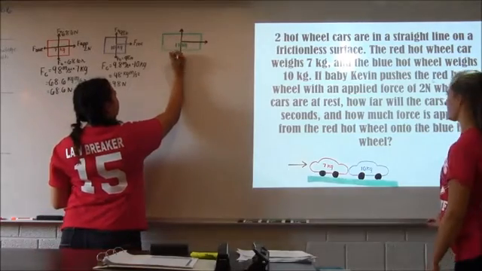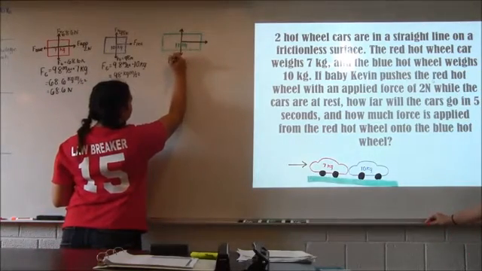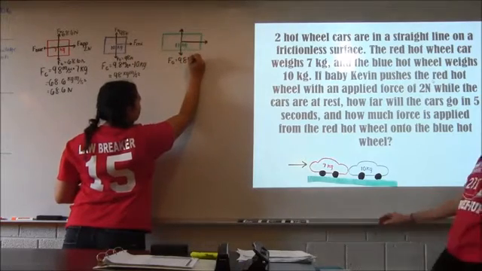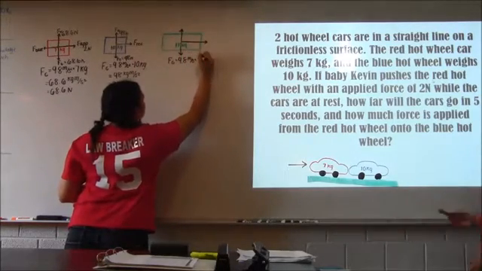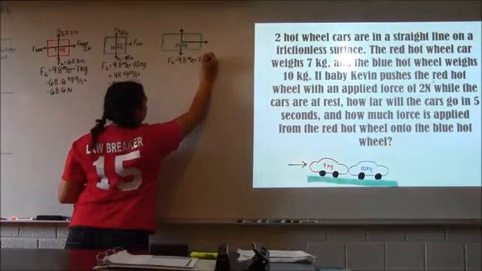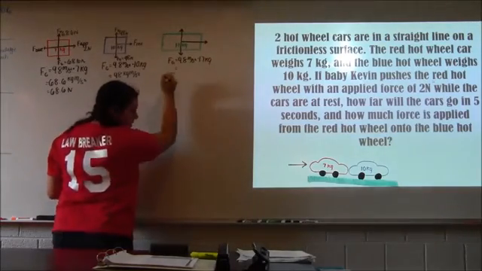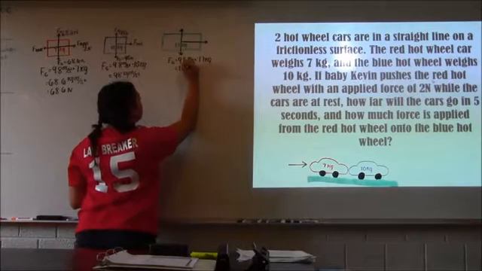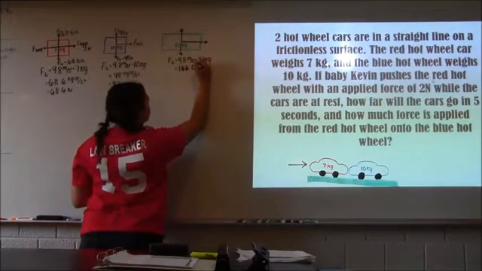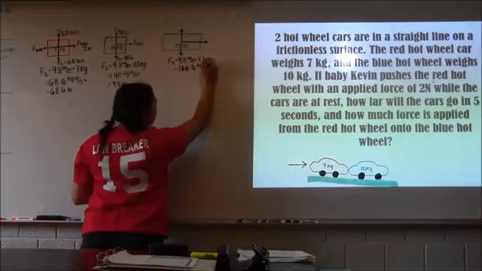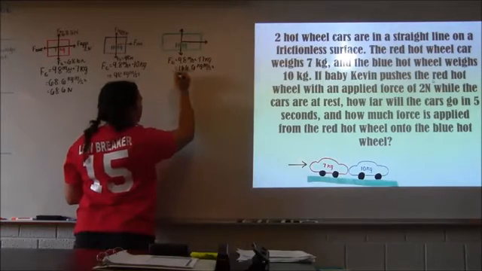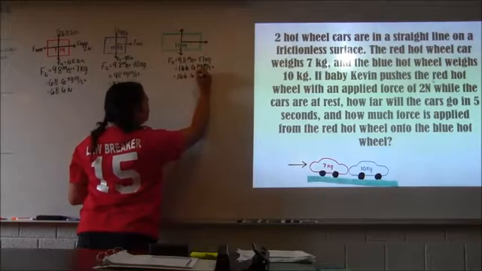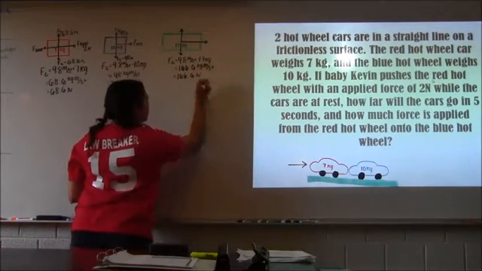This time, it's going to be 9.8 meters per second squared times 17 kilograms. Then that leaves you with 166.6 kilogram meters per second squared, which we all know now equals 166.6 newtons.